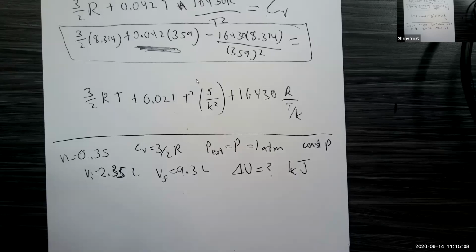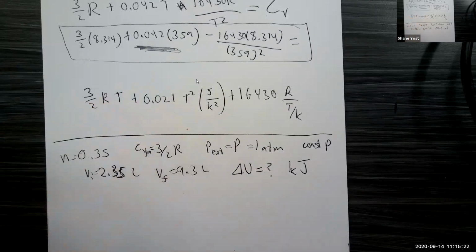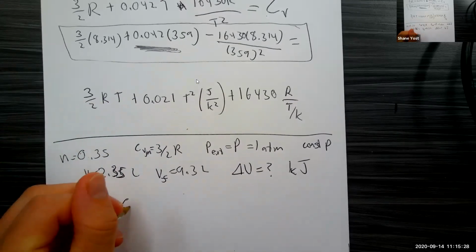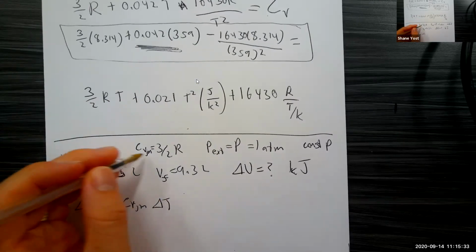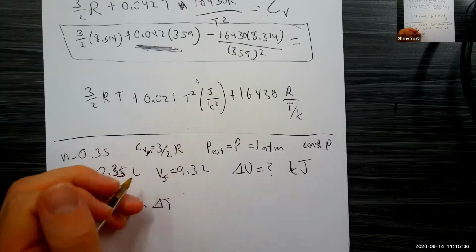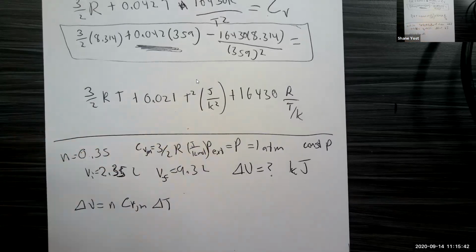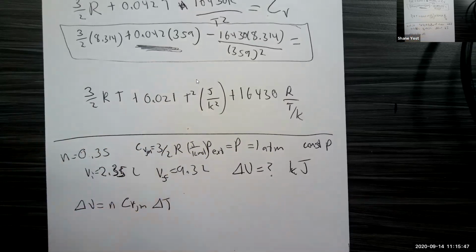So what equation do we use to calculate this? I'm going to put n C_V,m delta T here, because I think in the problem I said that C_V equals 3/2 R. If you look at the units, this is joules per Kelvin mole, so this should be C_V,m, since this heat capacity is per mole.